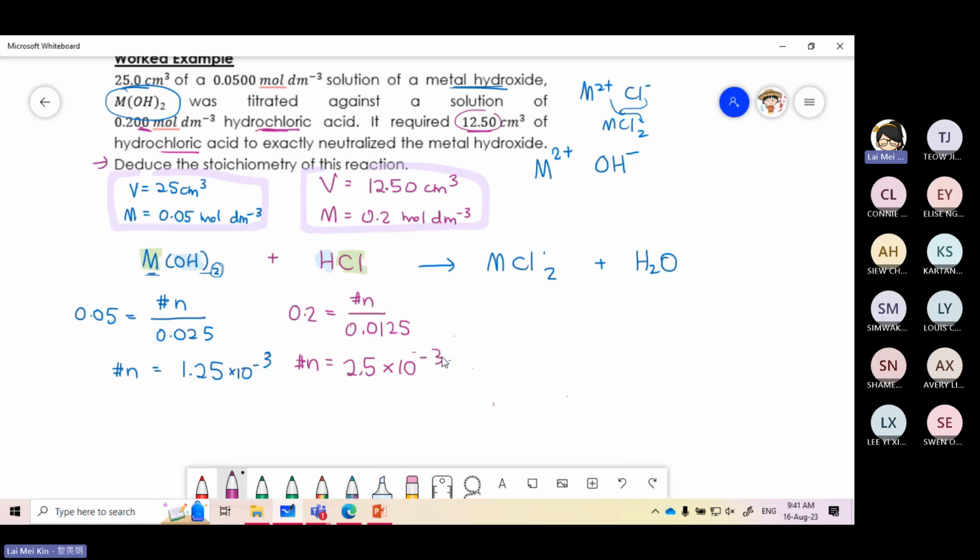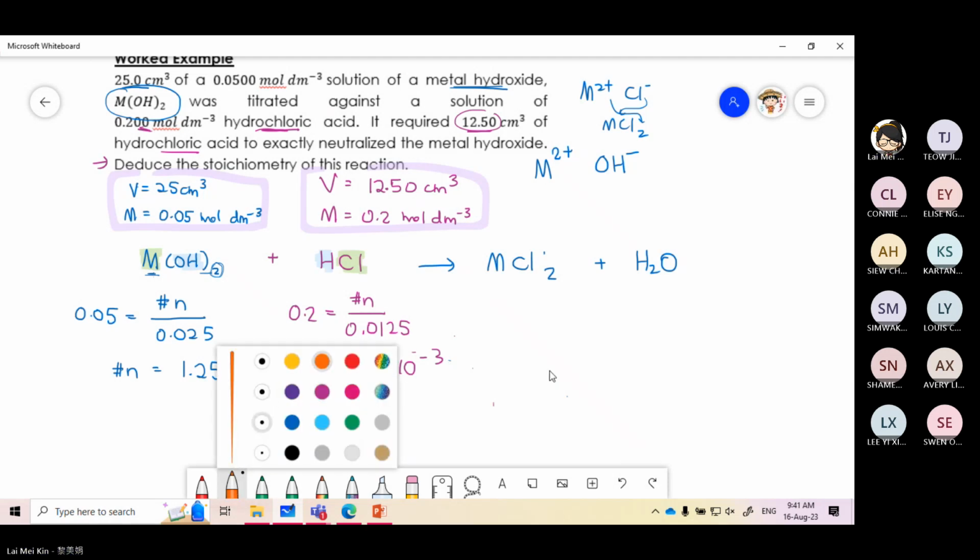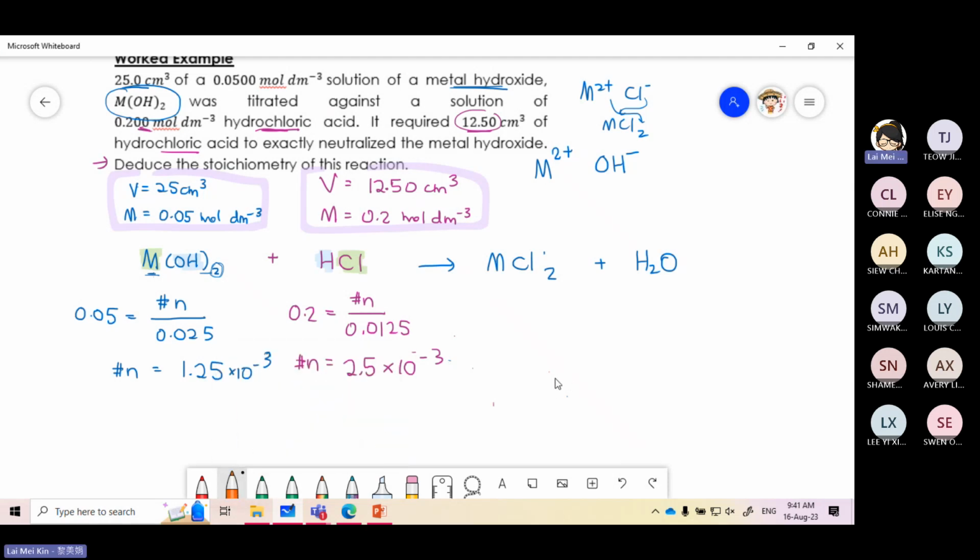How do you find the ratio, class? Divide by the smallest. So the smallest is 1.25 times 10 negative 3. So the ratio is 1 to 2. Then you can put 1 to 2. Is it balanced?